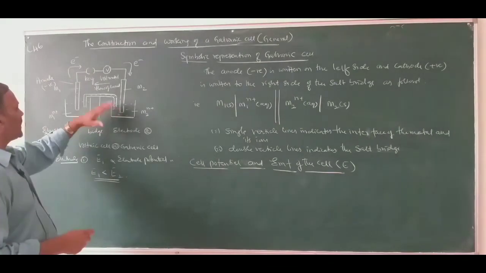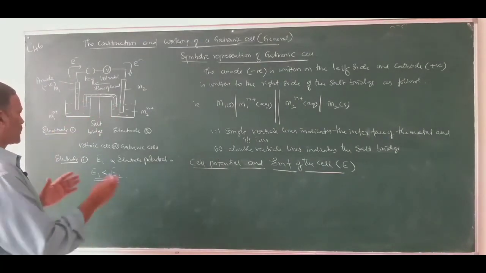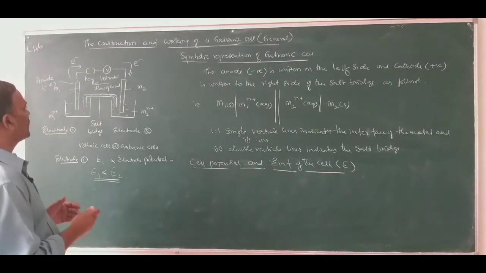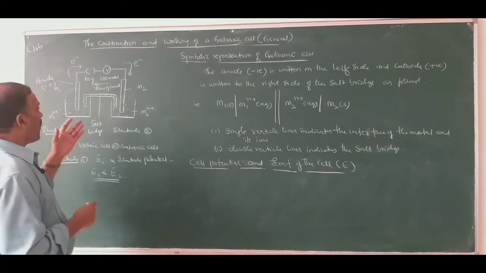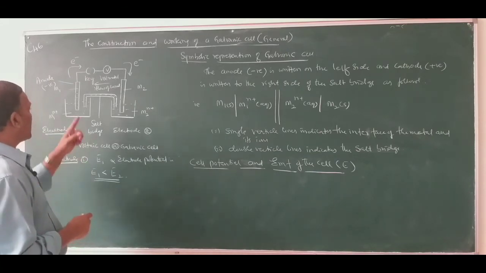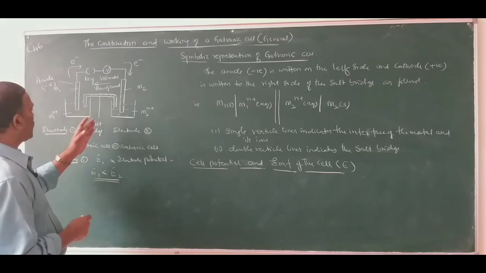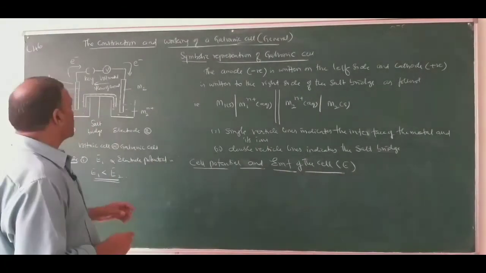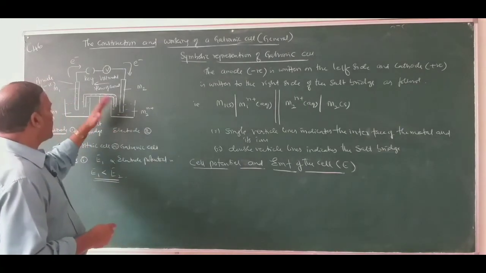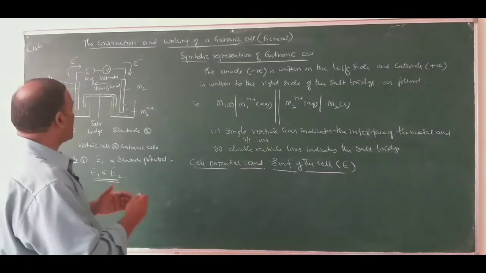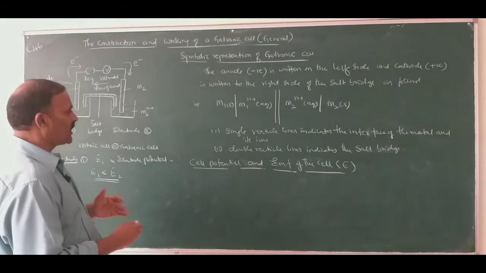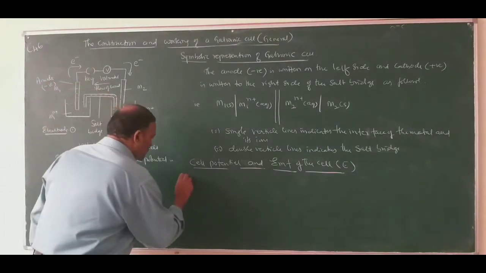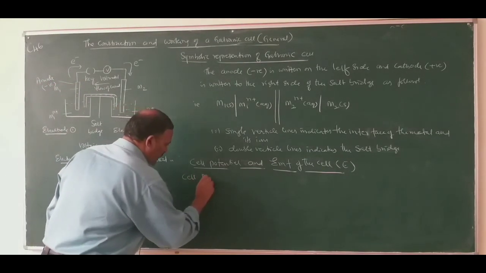The potential difference between the two electrodes when current flows out of the cell is called cell potential. The potential difference between the two electrodes when no current flows out of the cell is called EMF of the cell.